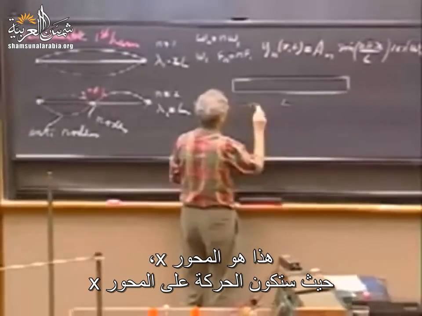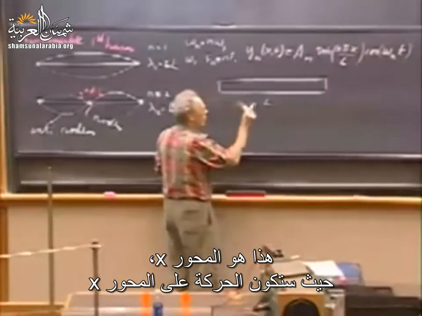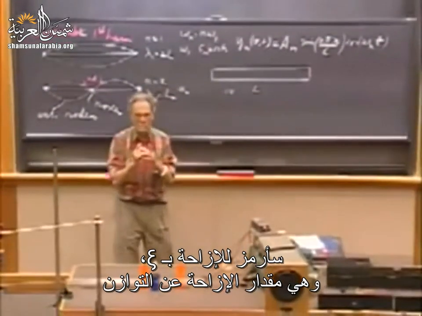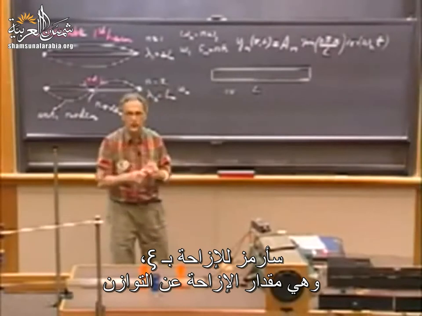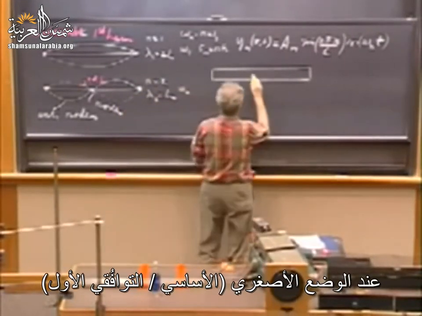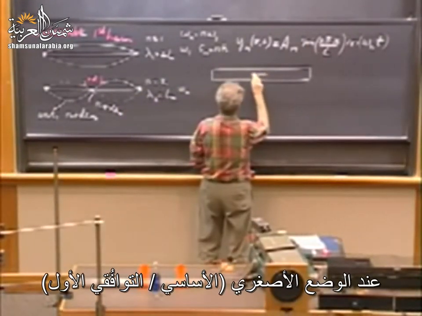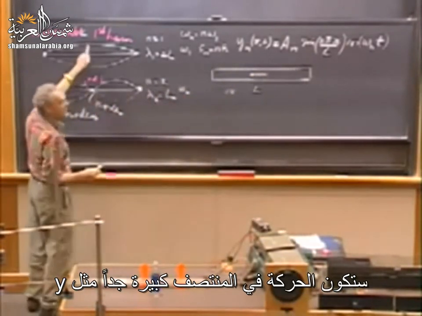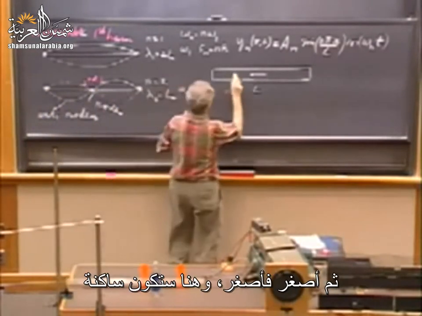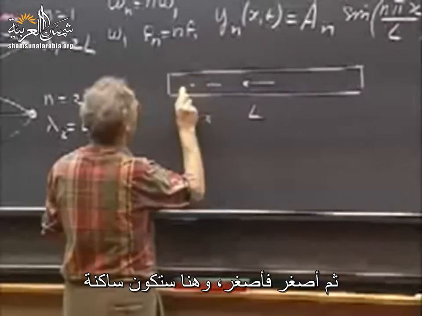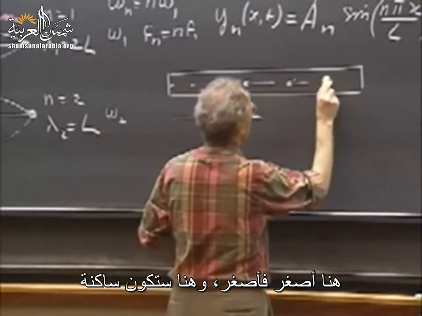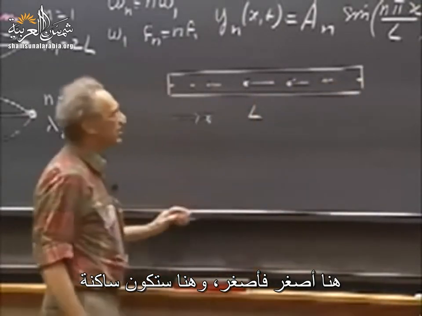So this is the x direction, and the direction in which they move is in the x direction. But the displacement I will call psi, how much they displace from equilibrium. So in the lowest mode, that means in the fundamental, in the first harmonic, in the middle the motion would be very large, like the y is very large, and then it's a little smaller, and a little smaller, and here it would stand still, and here it's a little smaller, and here it stands still.